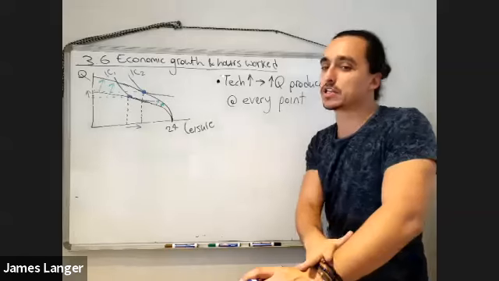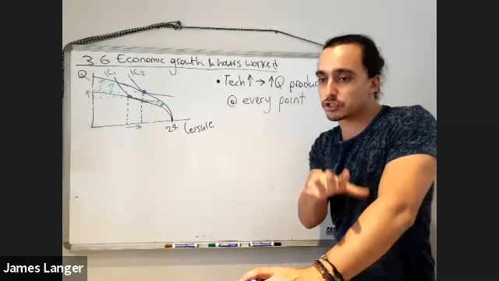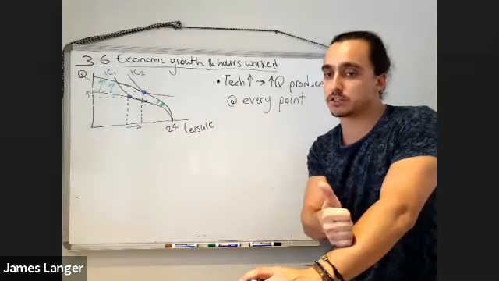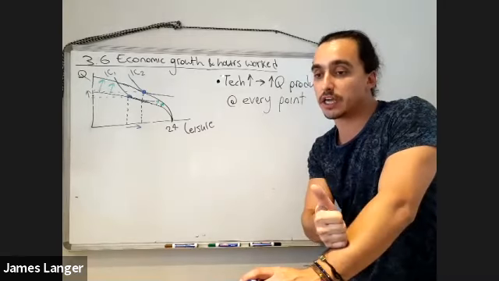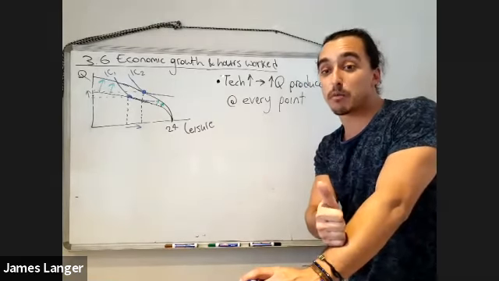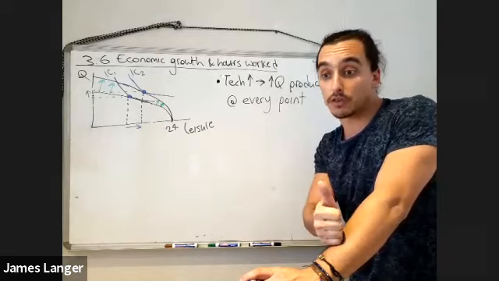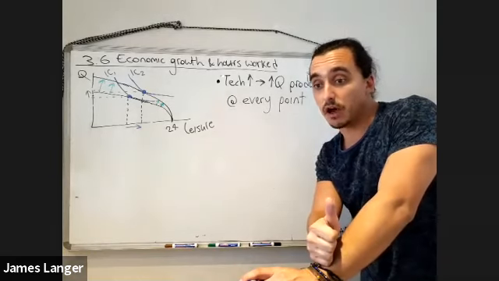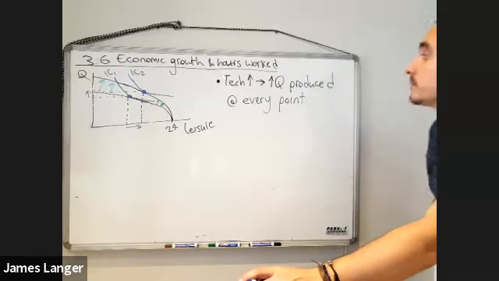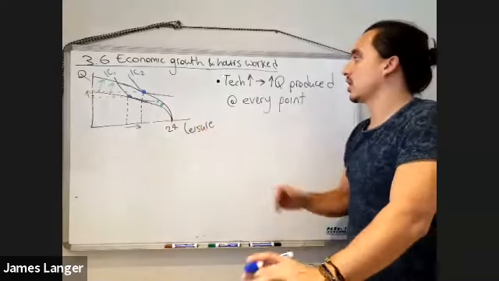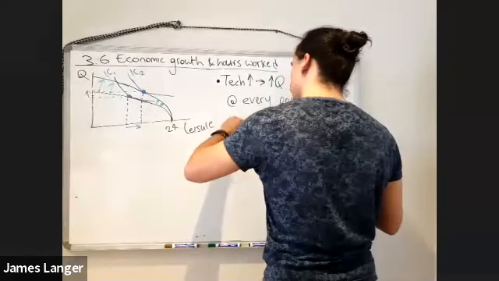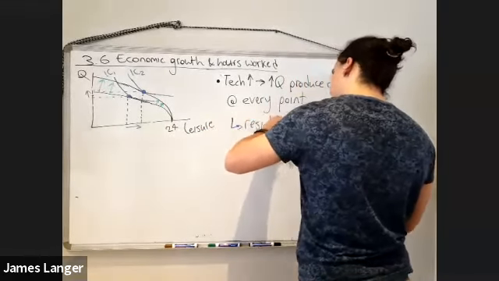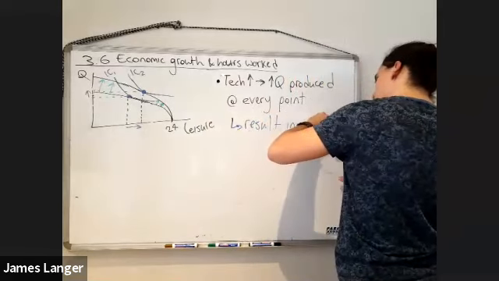That's about as much depth as I can go into in terms of productivity of labor. I hope that makes sense to you. Basically, technology increase means that each laborer is able to produce more. There's an improvement in the productivity of labor. Cool.